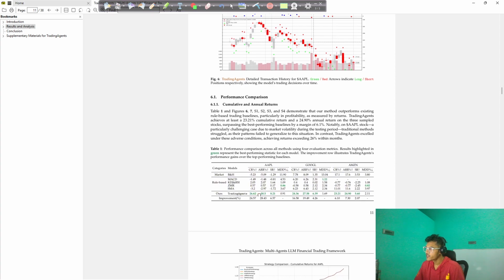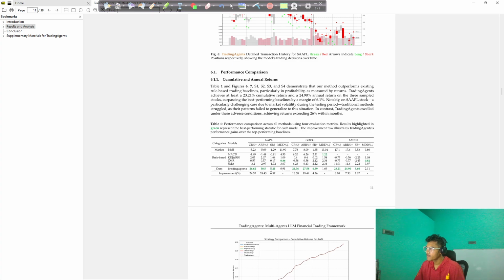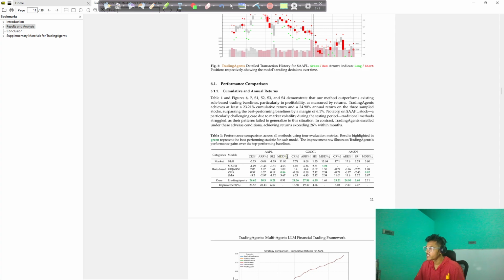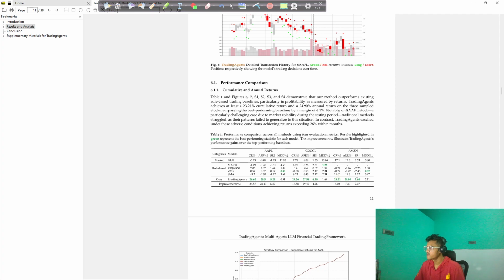Cumulative returns 26%. What is this one? ARR, some sort of return. Sharpe ratio, maximum drawdown decreased to 0.9. Whoa, this is really good, guys. Yeah, it's really good.